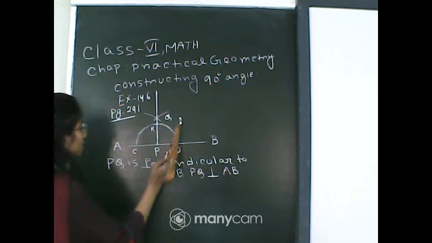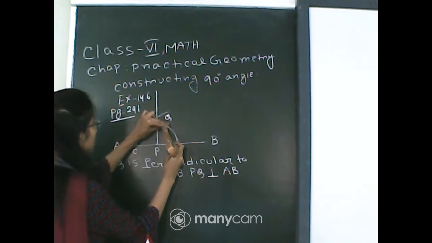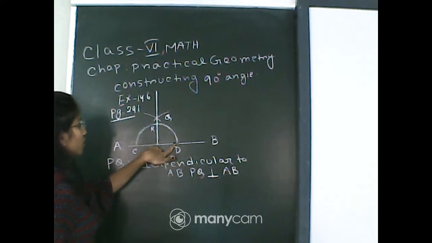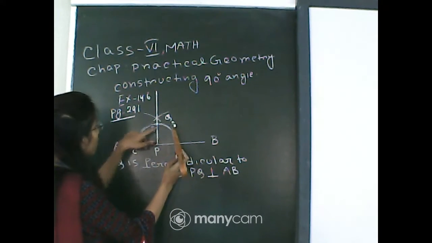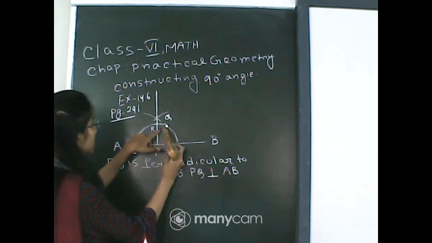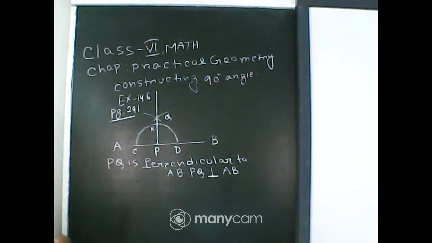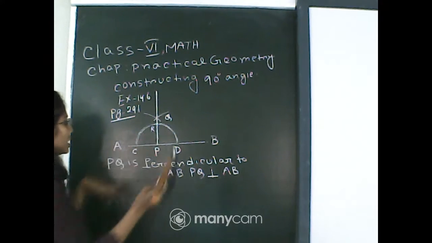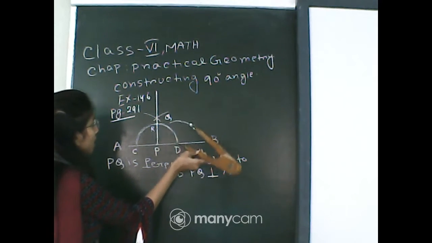For this, we place the pointer of compasses at D and take the radius more than half the length DR. Again I repeat, place the pointer of compasses at D and take the radius more than half the length DR, and draw an arc.